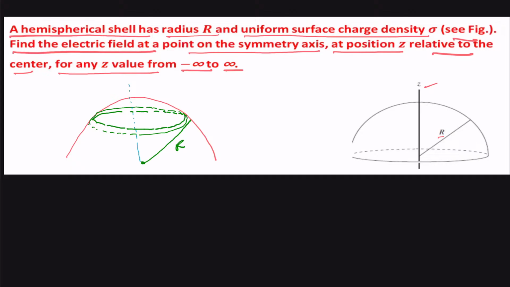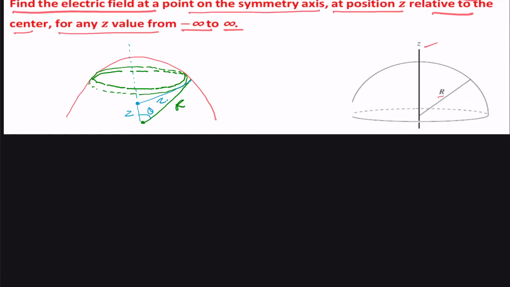So this is the z axis, and suppose this is a point somewhere on this axis at a distance of small r, and let us assume that this angle is theta and this distance is z. Then we are going to add these rings systematically with respect to the angle theta. If we add these rings, we get a hemisphere.